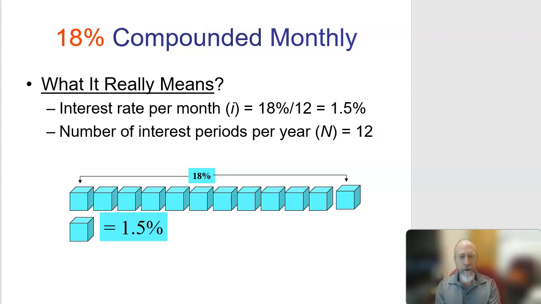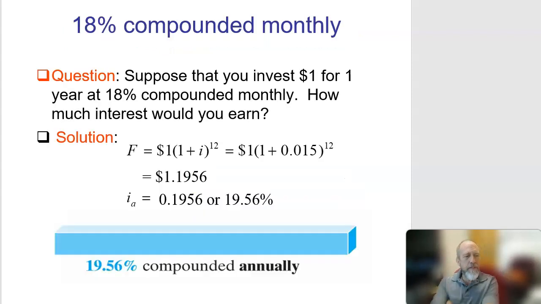So the number of interest periods is now 12. The reality is you've got a series of payments, 12 payments on a period of 1 month of 1.5% each. Well, guess what? You can actually calculate the present and the future value of that series. And when you do so, guess what you find out? Future value gives an effective interest rate of 19.56%.